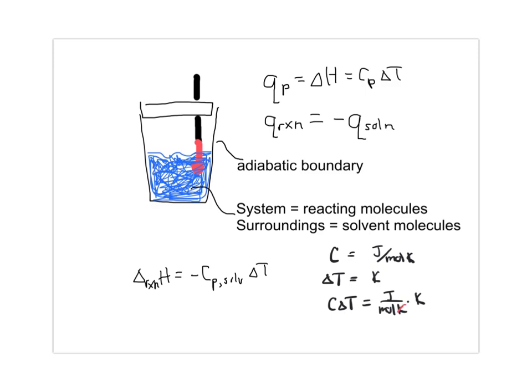And so the Kelvins divide out, and I end up with a delta H that has units of joules per mole. So the amount of energy per mole.